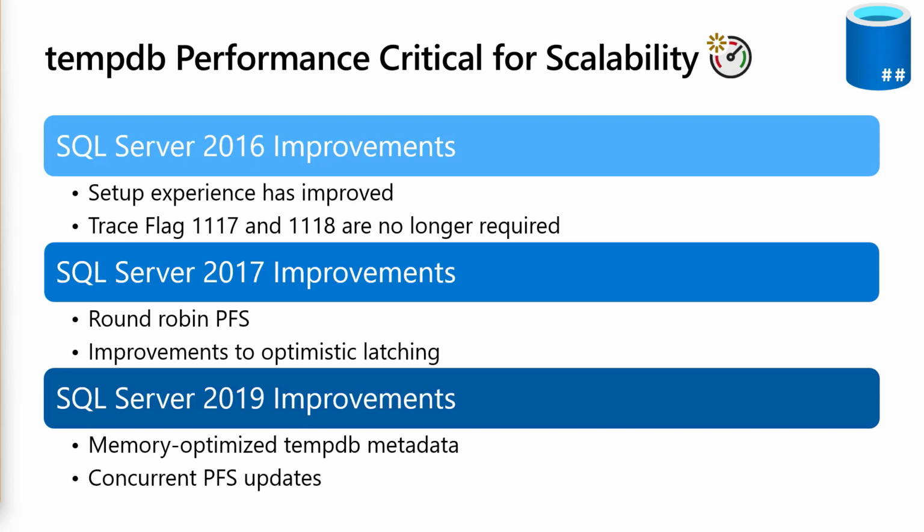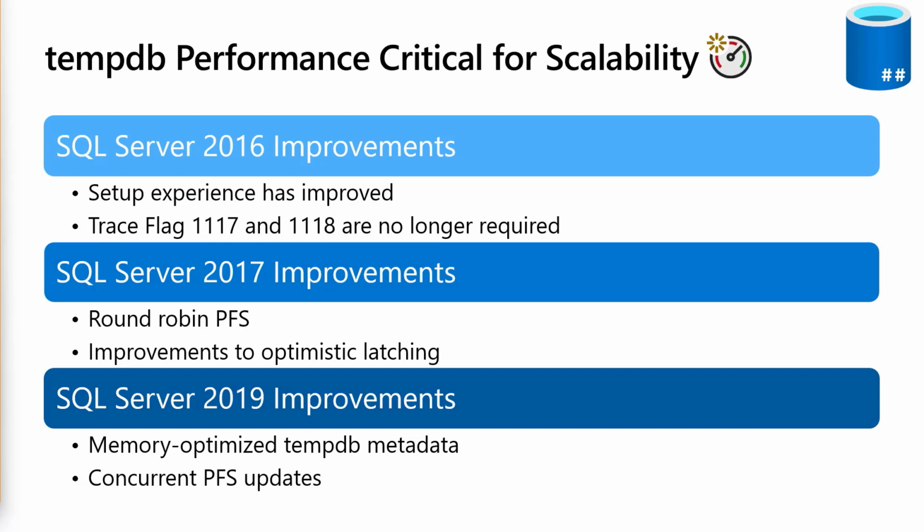Starting in SQL Server 2019, we added the new memory optimized TempDB metadata capability, and we eliminated a lot more of the page free space contention with PFS concurrent updates. And we also brought new installation improvements to Linux.